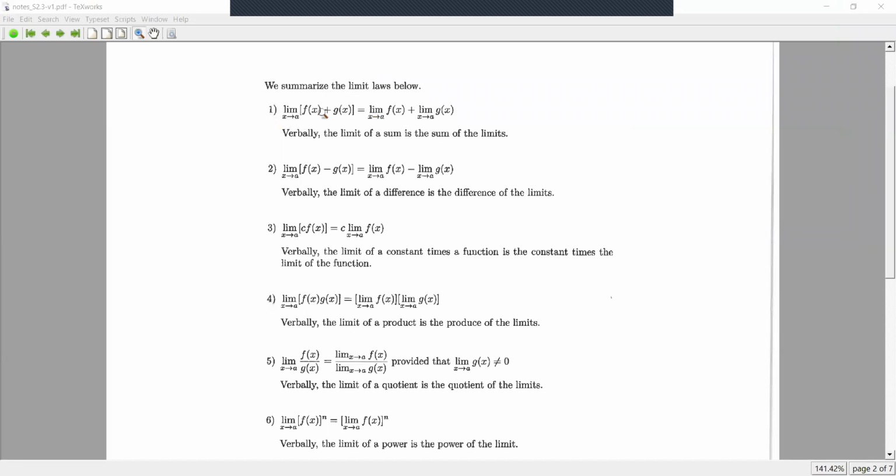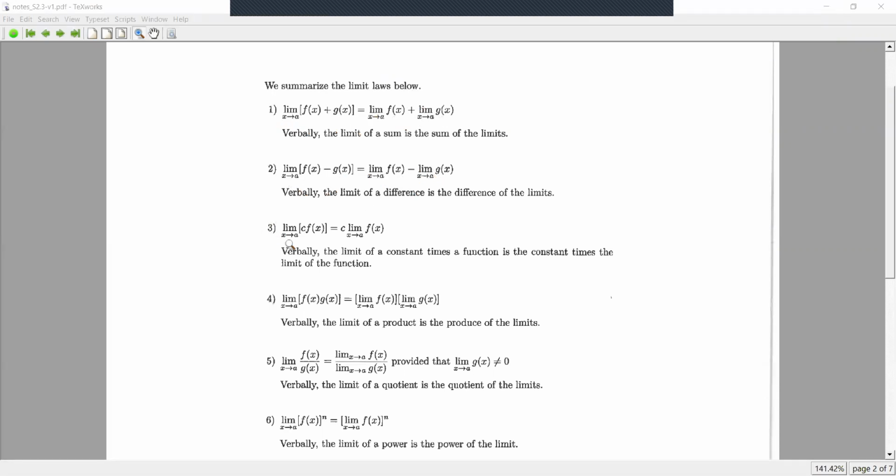Law number one is the summation law. It says that limit of a sum is sum of limits. Law number two is the difference law. It says that limit of a difference is the difference of limits.